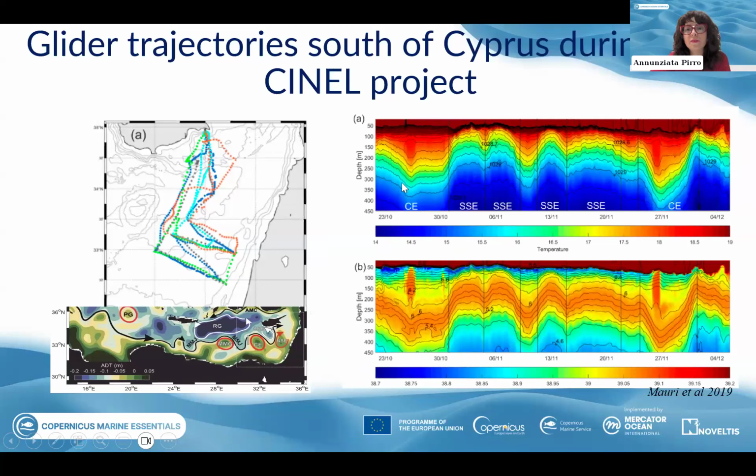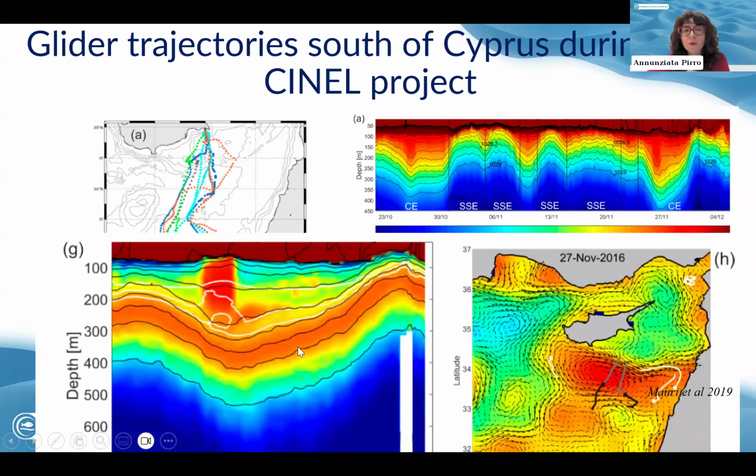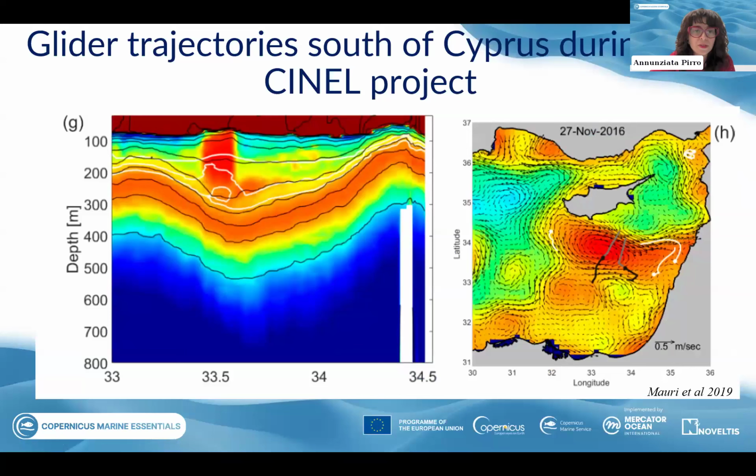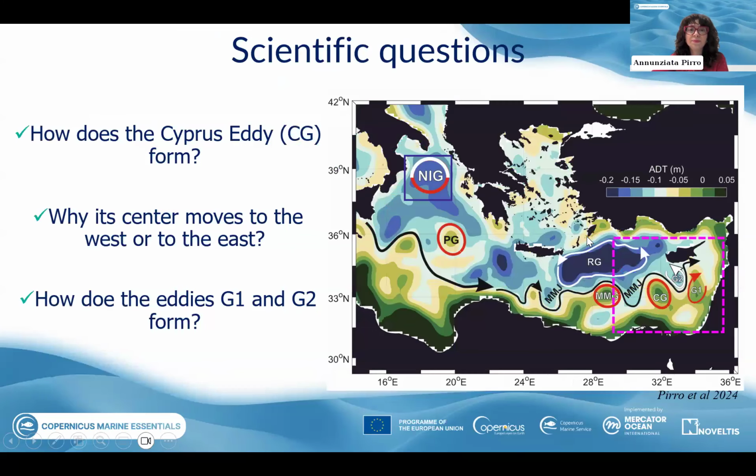You can see from the temperature and salinity sections how the glider was able to detect, with high resolution in space and time, the Cyprus eddy, the SSE, and not only these two, the NSE. If we zoom in, we see that the glider gives high resolution up to 800 meters depth. On your right side, you can see the glider section. This is the big Cyprus eddy.